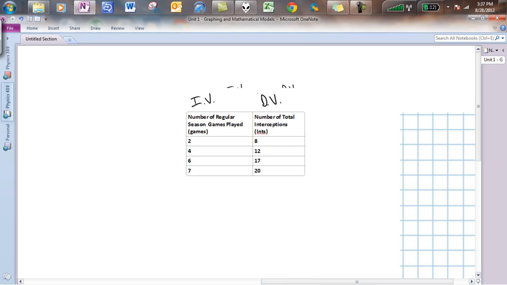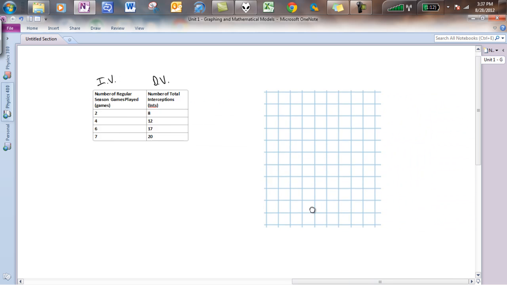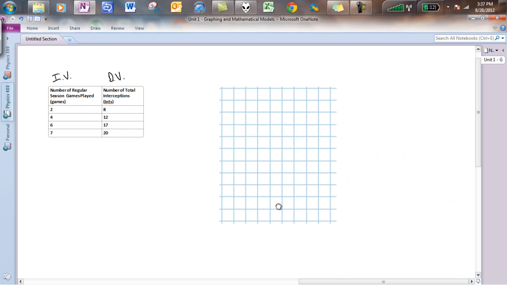I'm going to zoom out, and I have this nifty graph paper right over here, and I'm going to start our standards with graphing. The independent variable should be plotted on the x-axis, so I'm going to write down number of regular season games played.